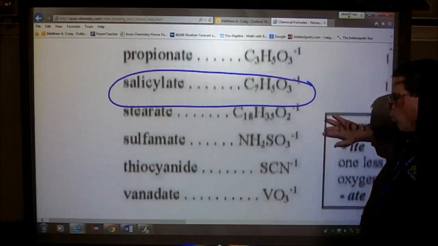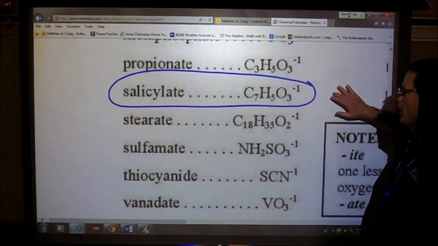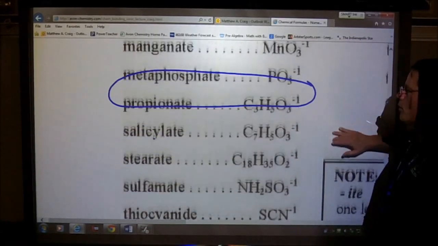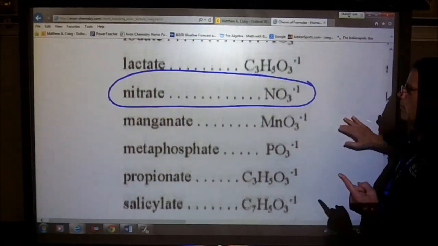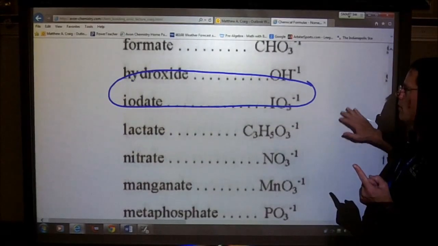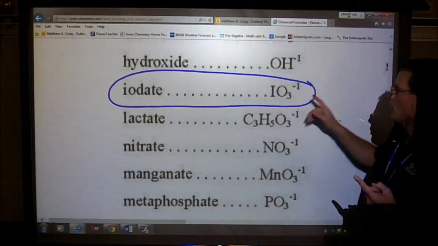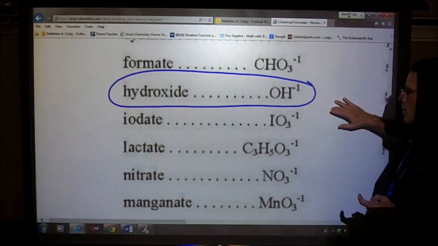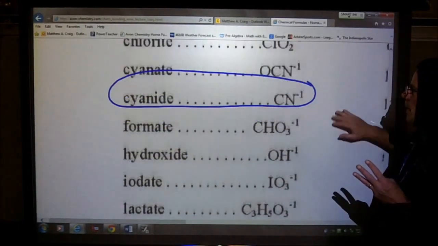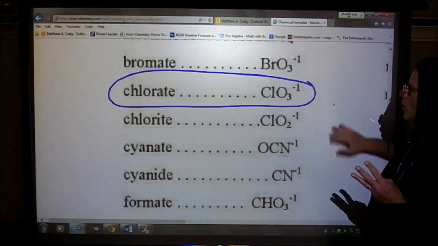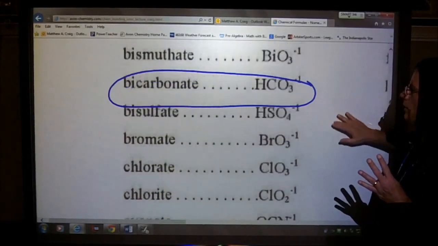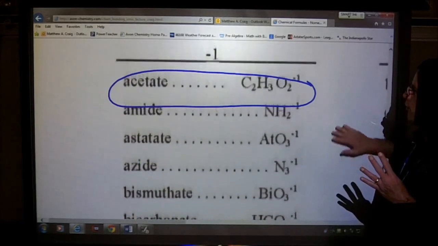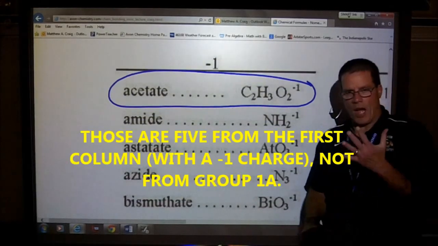So again, from this row, you've got your nitrate, your iodate, your hydroxide. Oh, I may not have mentioned iodate. So iodate, IO3 with a -1. Chlorate, ClO3. And then acetate is the first one there. Okay, so those are 5 from group 1A.